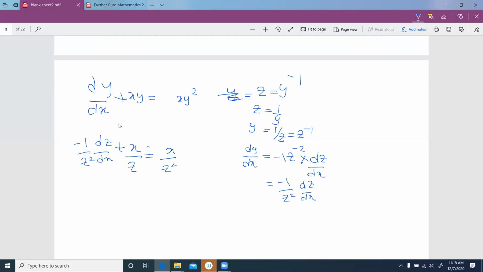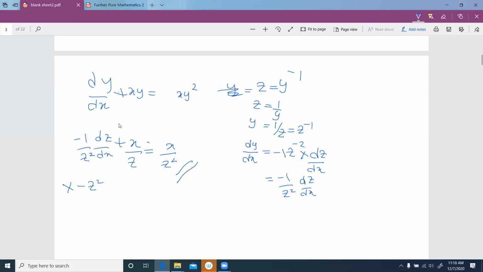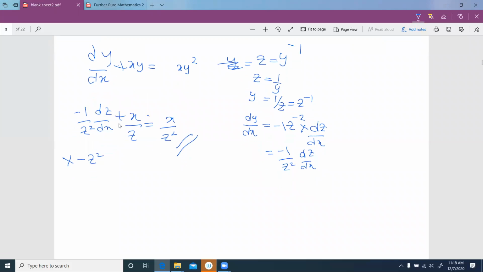Then just multiply everything with minus z squared. This is the answer, but anyway you can do a little simplification over here. If you multiply everything with minus z squared, you get dz by dx minus xz equals minus x, right?